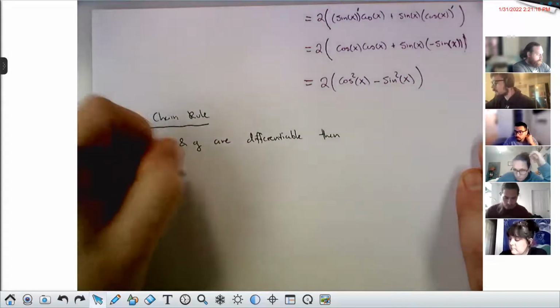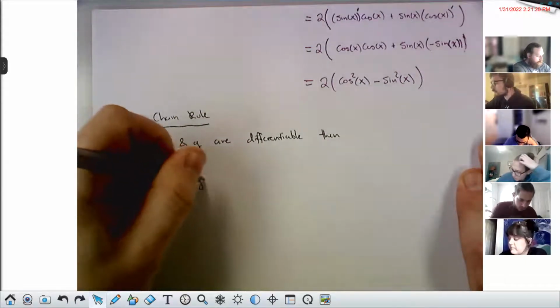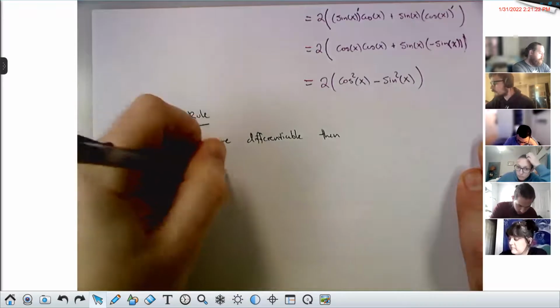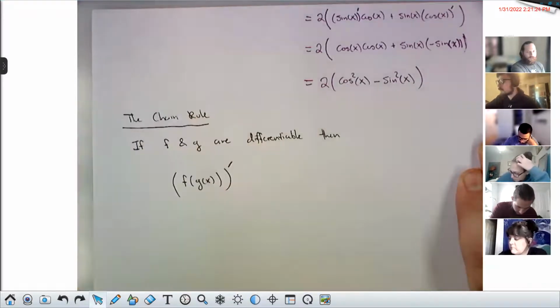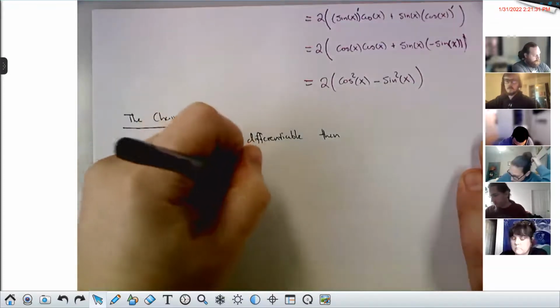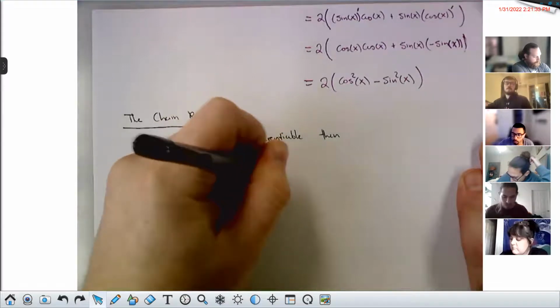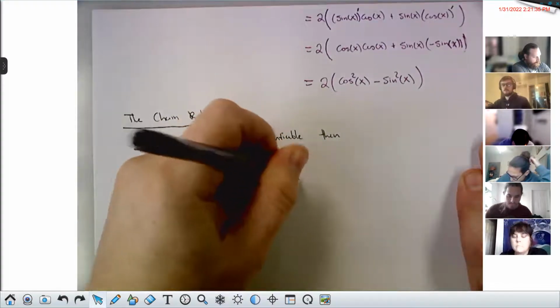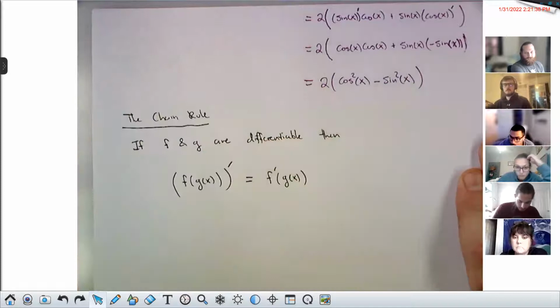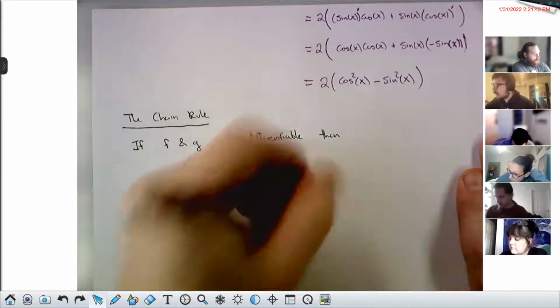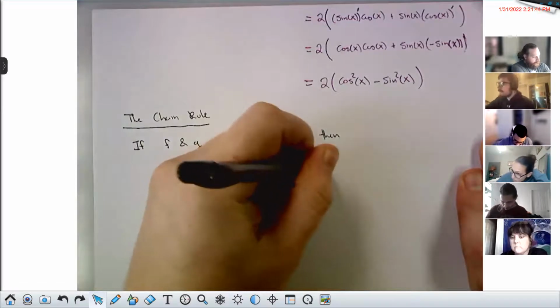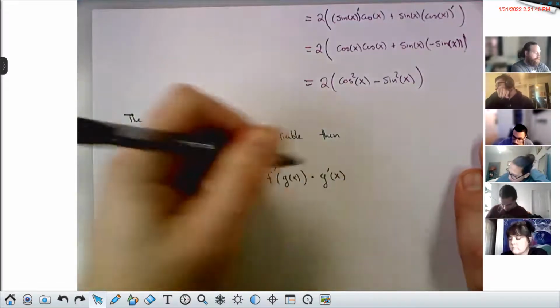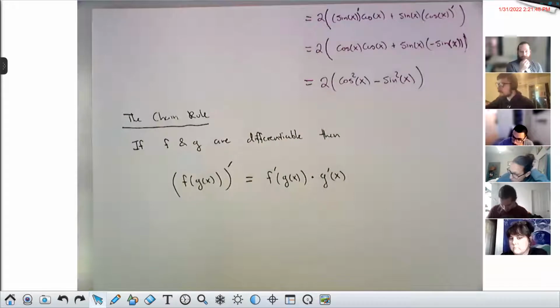the derivative of f of g of x, again in the prime notation, is f prime of g of x. You differentiate the outer function, leaving the inner function alone, and then you multiply by the derivative of the inner function.